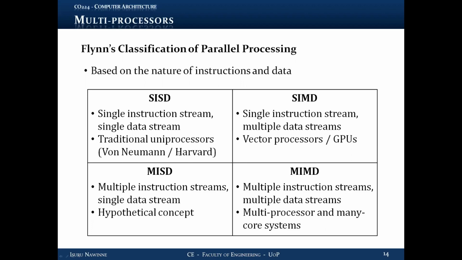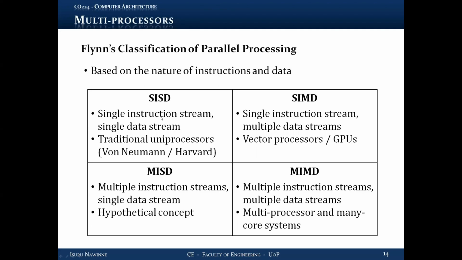The difference is that the devices for instructions and data may be separate, but still there is only a single stream of instructions, that is a single program, and a single stream of data. Data is in a single memory, and you have to access it sequentially. So a single stream of instructions and a single stream of data is the traditional single processor architecture.